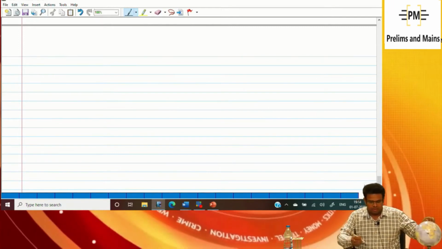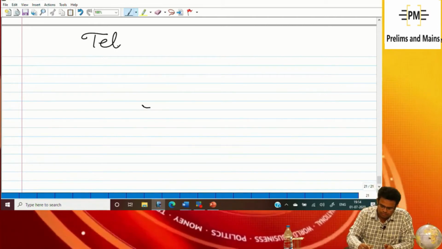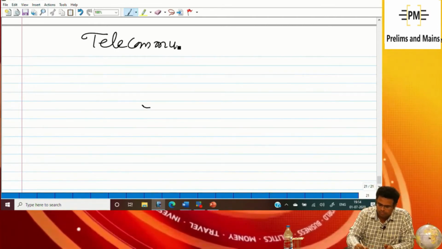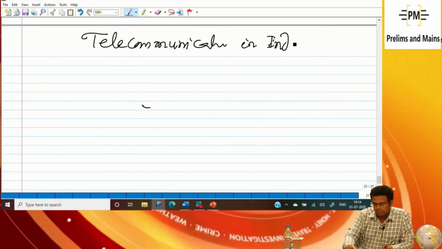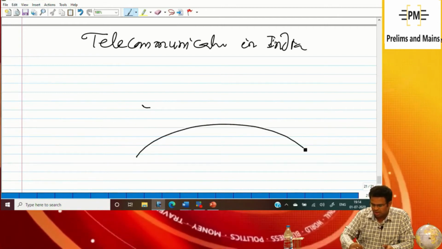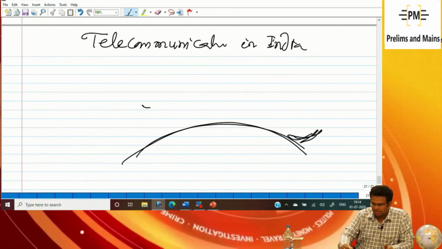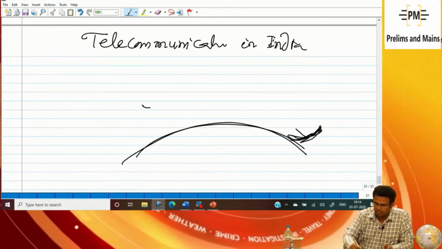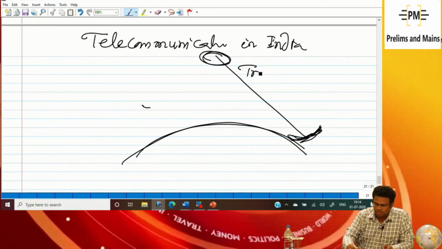Now if I am coming to telecommunication in India, earlier I have told you how telecommunication and broadcasting take place. If there is an antenna, some match is taking place, or a telephonic service, it goes uplink, there is a satellite, and the satellite will have a transponder.